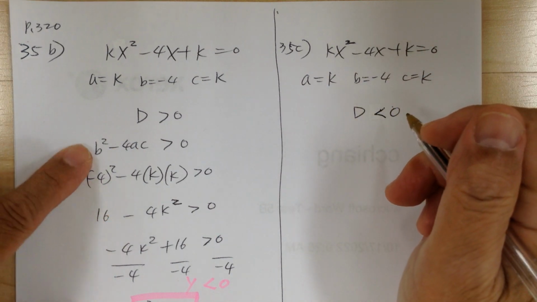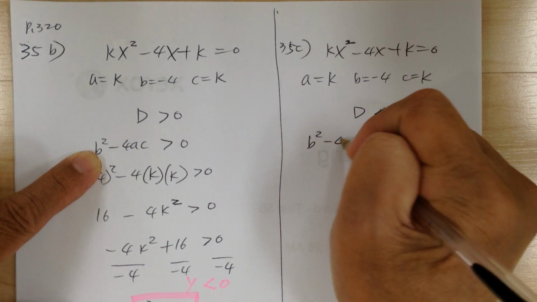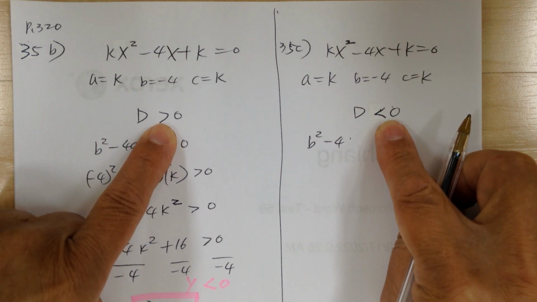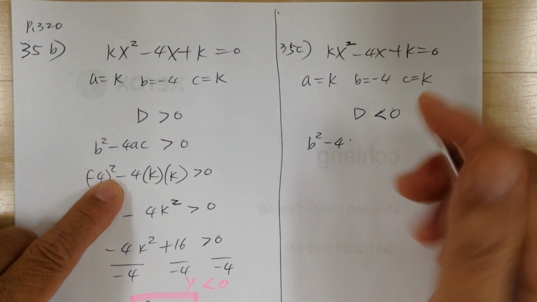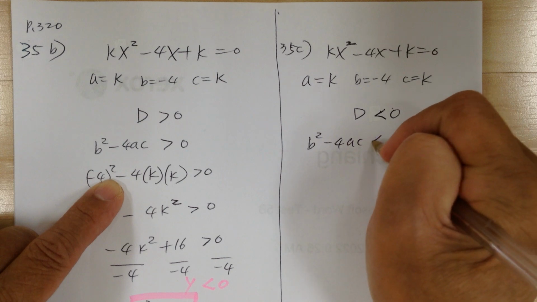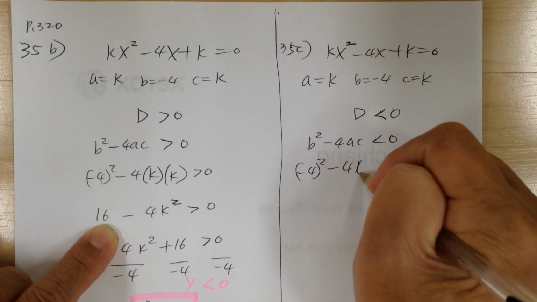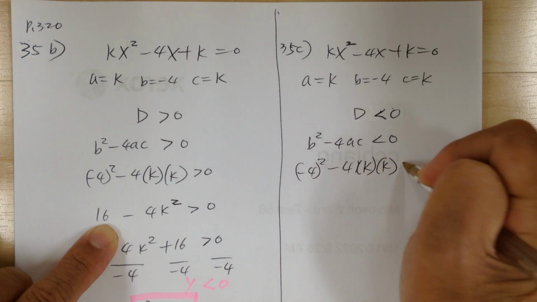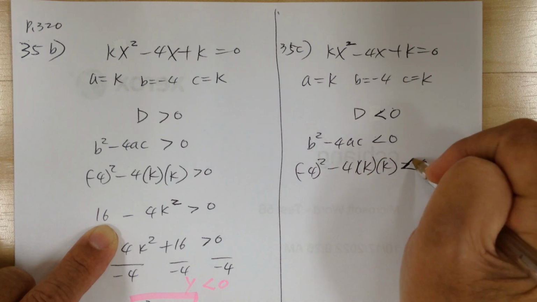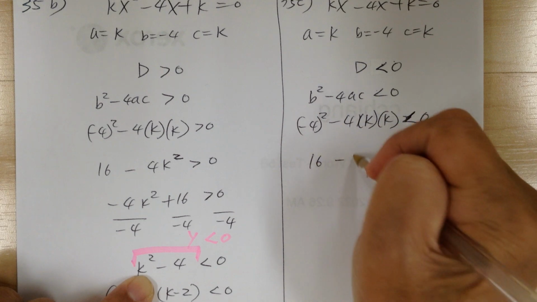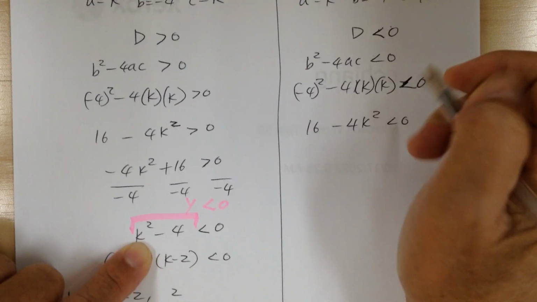Then substitute again. Every step is exactly the same. The only difference is the arrow is pointing in the opposite direction. And again you substitute. So you got 16 minus 4k squared is less than 0.